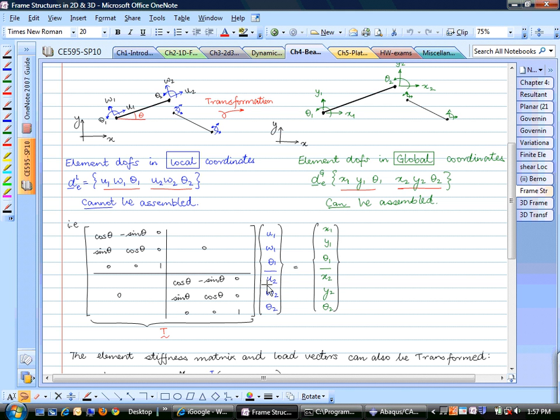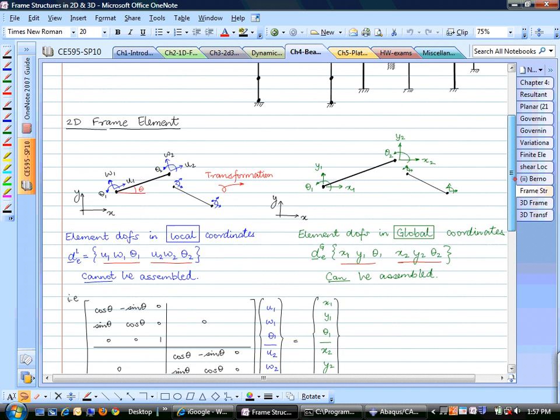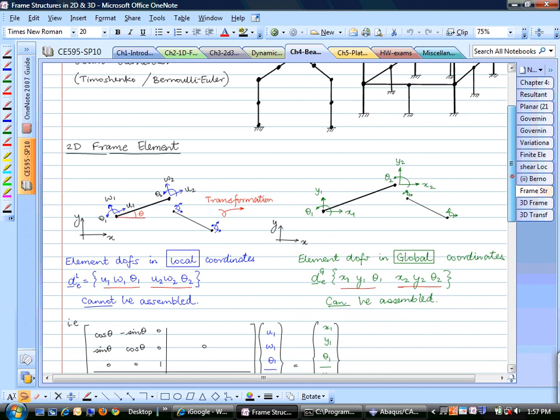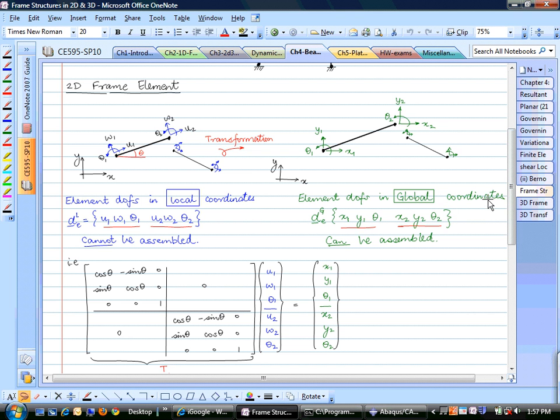And using this matrix, this transforms the degrees of freedom from node 2 to the global degrees of freedom at node 2. And you do that for each and every element. For example, in this case, all these elements have a different theta. So theta for this element is different from theta for this element. So you transform every element into the global coordinates. And once you've done that, now you can assemble these degrees of freedom.